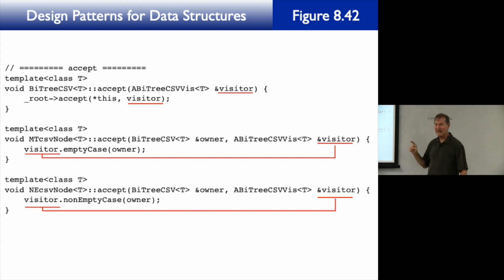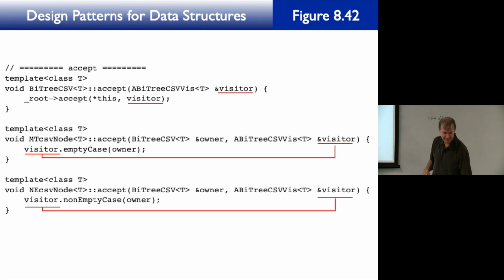Now that's the key idea again. Is this becoming more familiar? Okay, all right. And the same way with the non-empty. So the non-empty node version of accept just takes the visitor and does visitor.nonempty case owner.